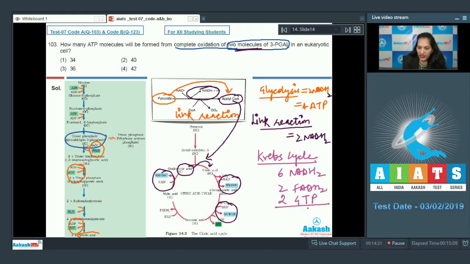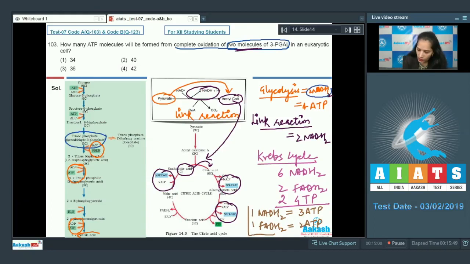Now calculate the total ATPs, but before that, you should know that 1 NADH2 gives us 3 ATP in ETS and 1 FADH2 gives us 2 ATP in ETS. Now calculate it.